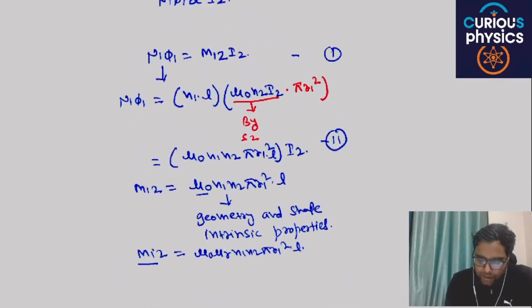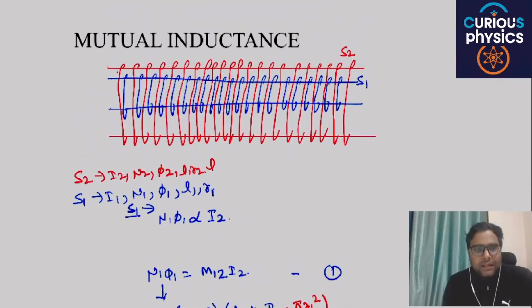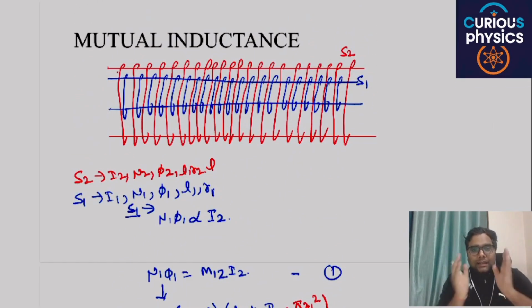Because pi r1 square is the area in which the magnetic field is produced by S1. In case 1, the magnetic field produced by S2 is passed on to area pi r1.